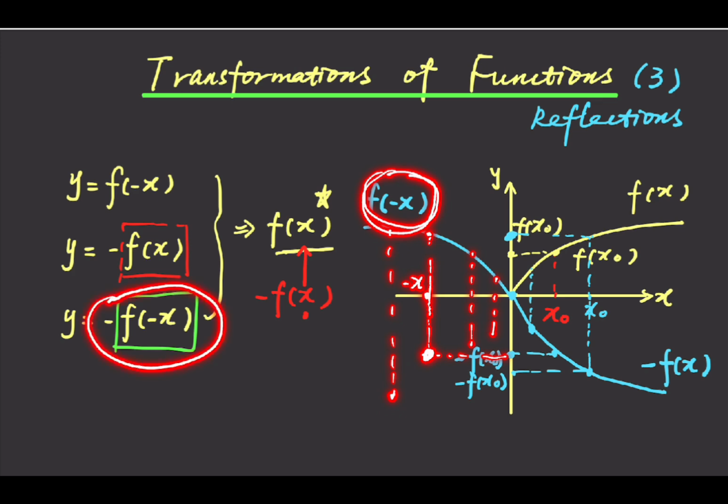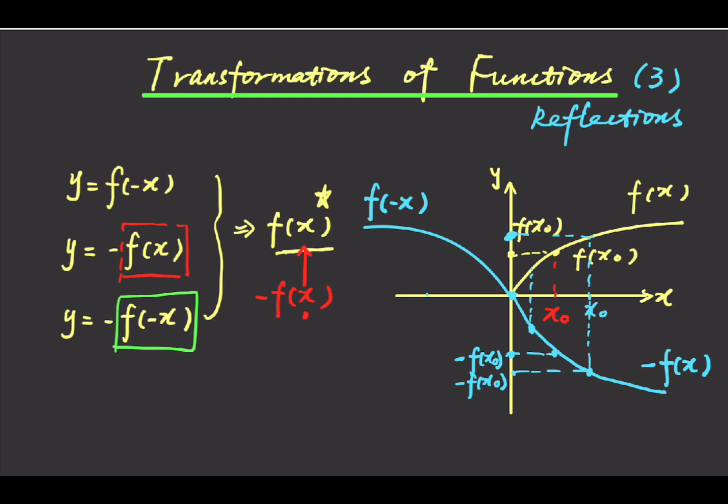Then you need to connect the corresponding points. So it should be like this. Every point, the image point is here. So here is the transformed function's graph. It should be negative f(negative x).